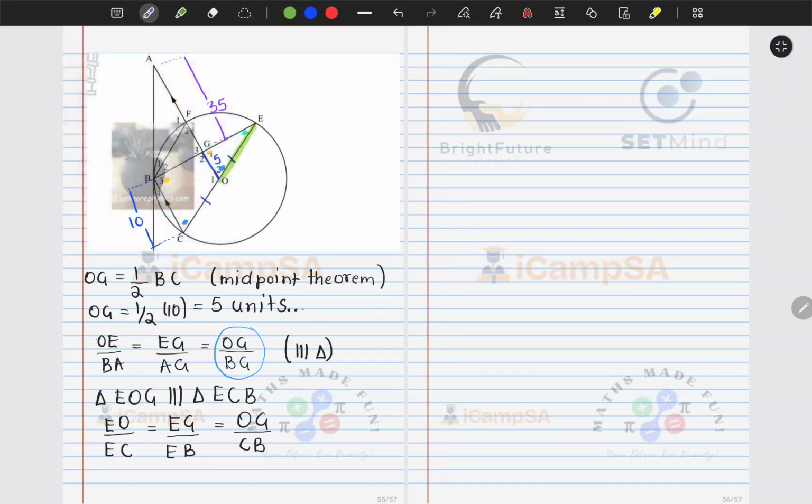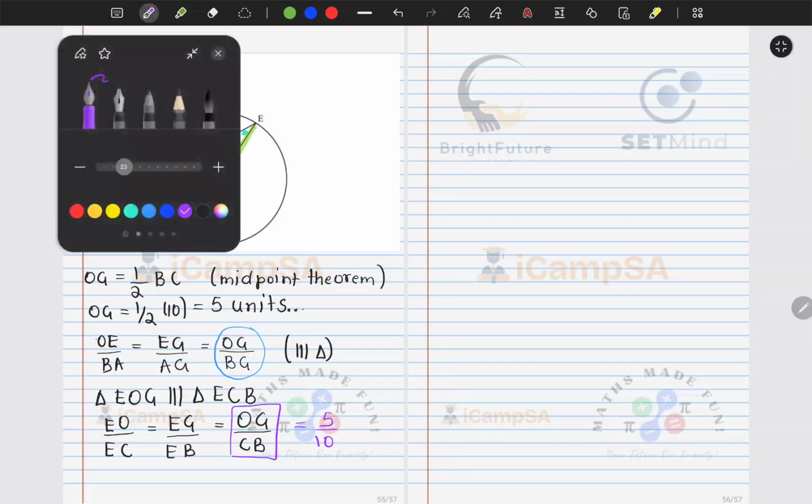So what does this say to us? Remember, we're looking for OE. This ratio here, we actually do have, because we have OG, which is 5, and BC. So that there is just 5 over 10.